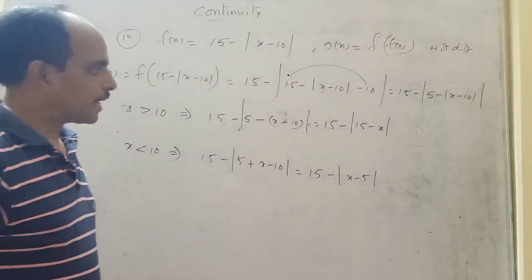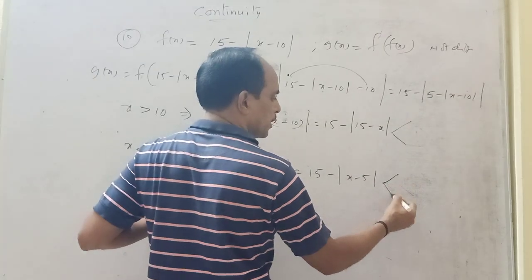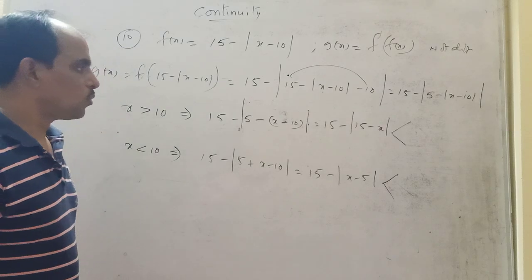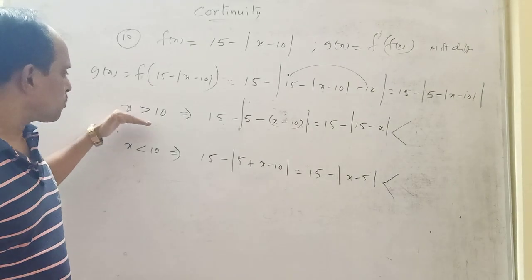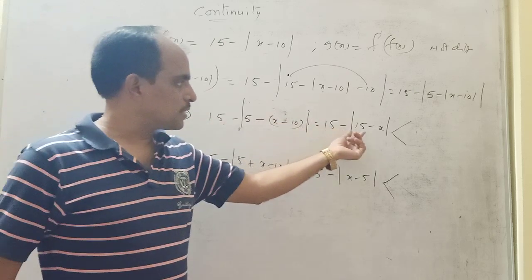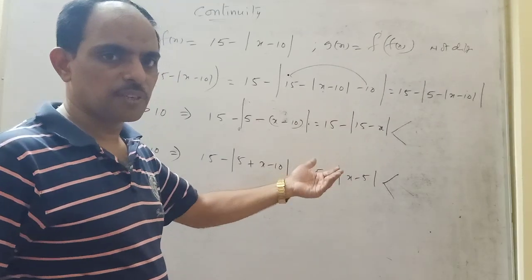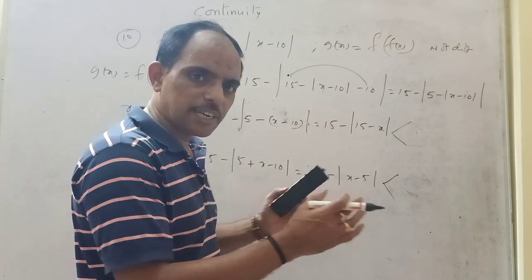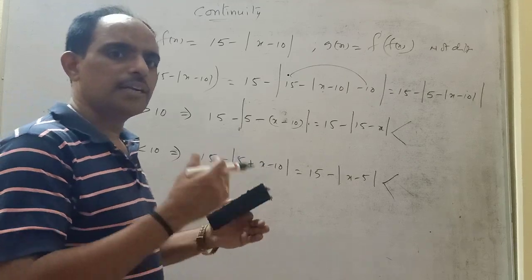Okay. So again we have to consider two more cases here and two more cases here also. One is x greater than 10, where we have 15 - |15 - x|. So it is between 10 to 15 and greater than 15.